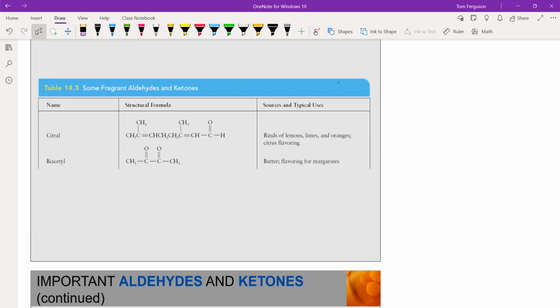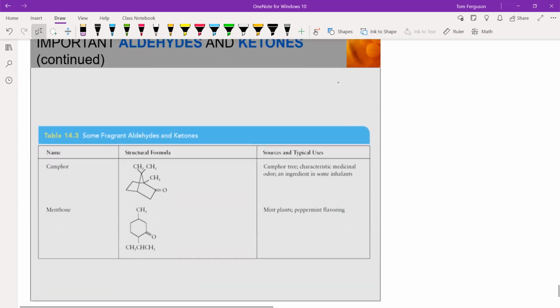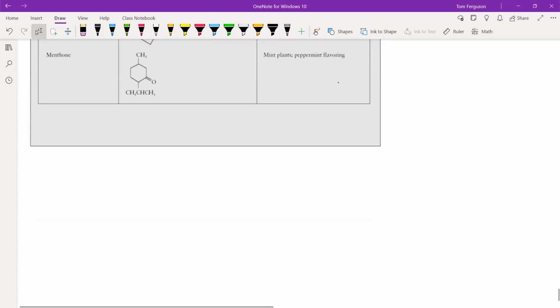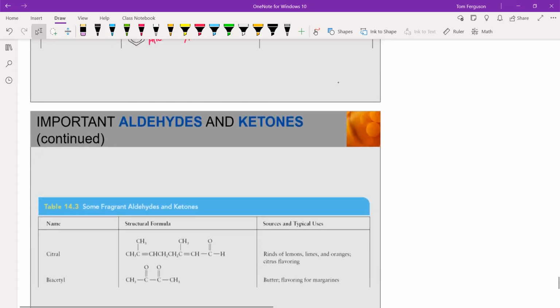So you've got to devise ways to make them stay stable, and also form cyclic compounds as well. These things can get kind of interesting when you build models of them. So, okay, that's it for aldehydes and ketones.